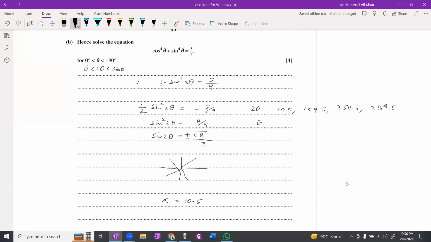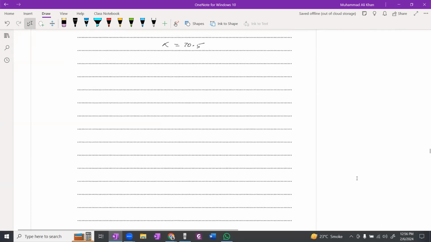So the final answers are all angles divided by 2, 35.3, 54.8, 125.3, 144.7. These are the results for part B. Again, a question of 4 marks.